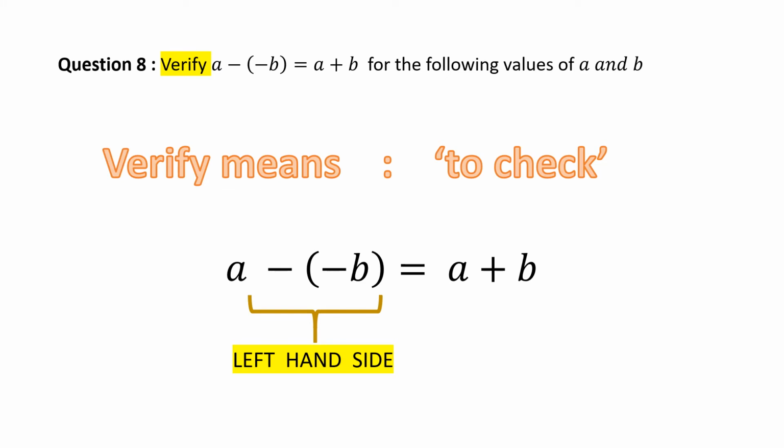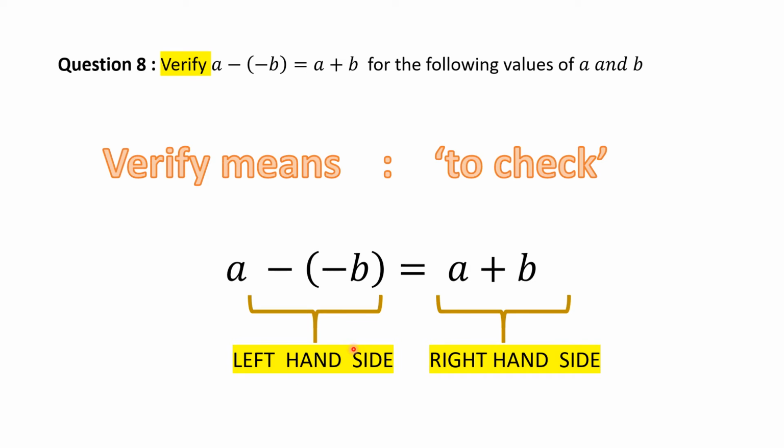There is a left hand side and a right hand side. The side which lies on the left side of the equal to sign is called the left hand side, and the side which lies on the right side of the equal to sign is called the right hand side, right?